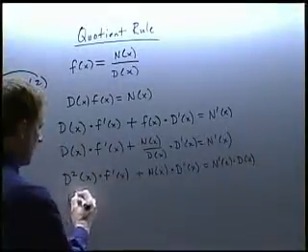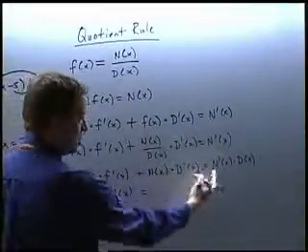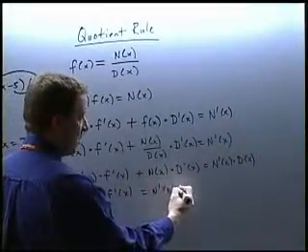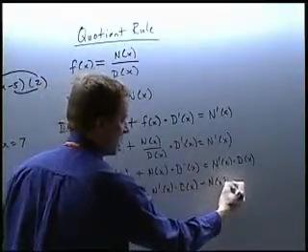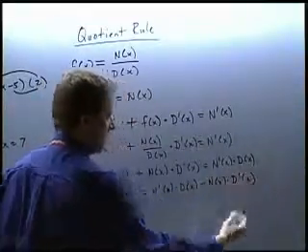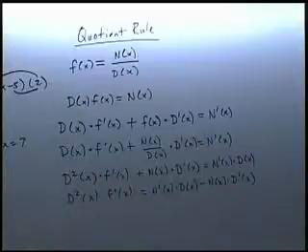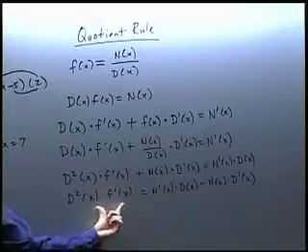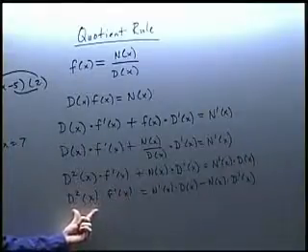So d squared times f prime equals n prime of x times d of x minus n of x times d prime of x. It's kind of confusing because you've got n's and d's and primes, but once we're all finished, it will make sense. Now, what's the last thing I need to do to isolate this f prime of x? How do I get rid of this d squared?